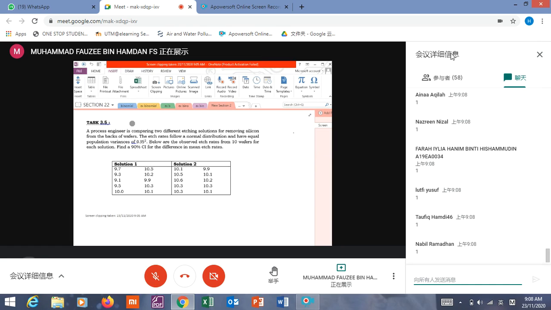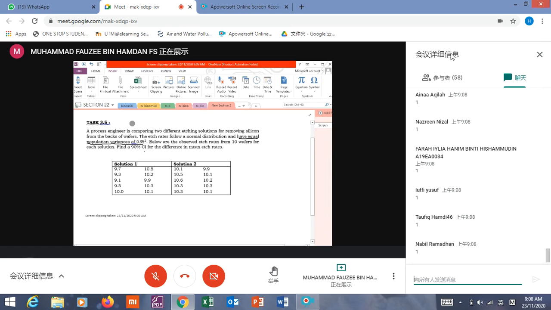Okay. Don't get confused with the information: have equal population variance of 0.35 squared. Okay, so that is given.